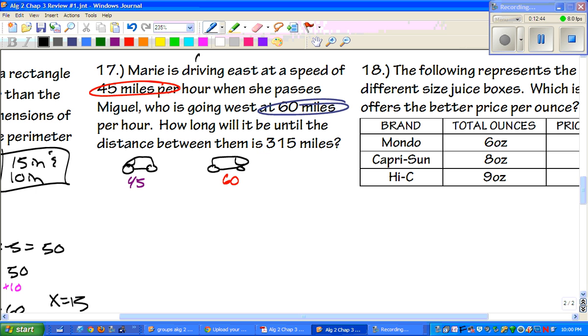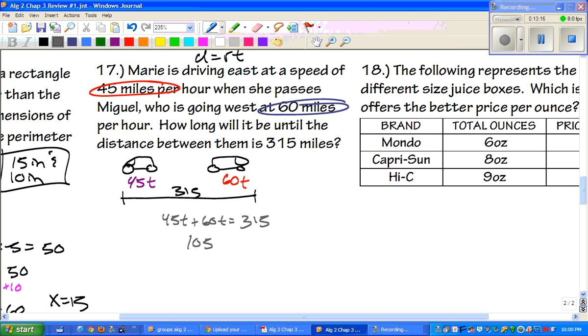We've talked about distance equals rate times time. We know the speed, we just don't know what the time is. And we want the total distance that they're going to equal 315. So if you just take those two speeds, it's going to equal 315.